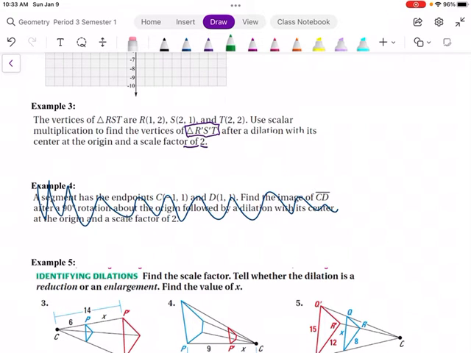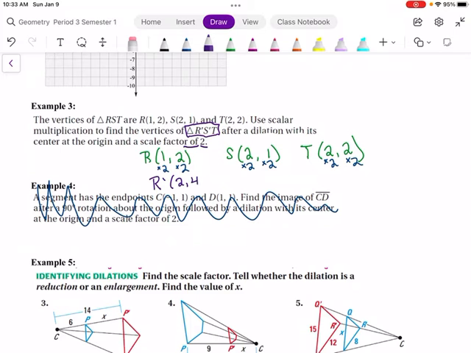So you do the same thing for this one. You start with the original coordinate points, and then you multiply by the scale factor to find the new coordinate points. So again, we are just multiplying everything by 2. So go ahead, pause the video, and complete that, and then you can check your answers when you're done.